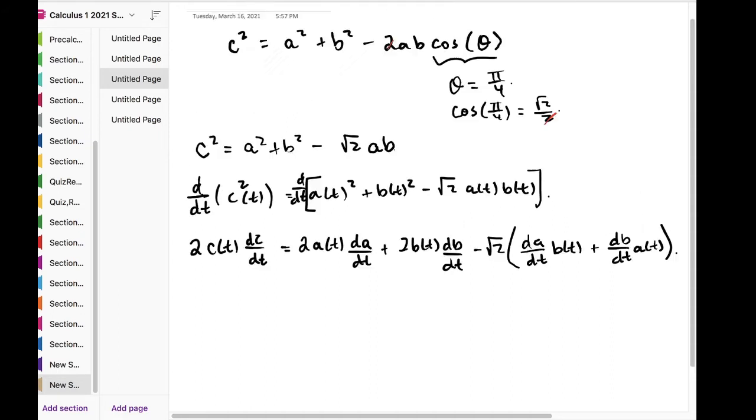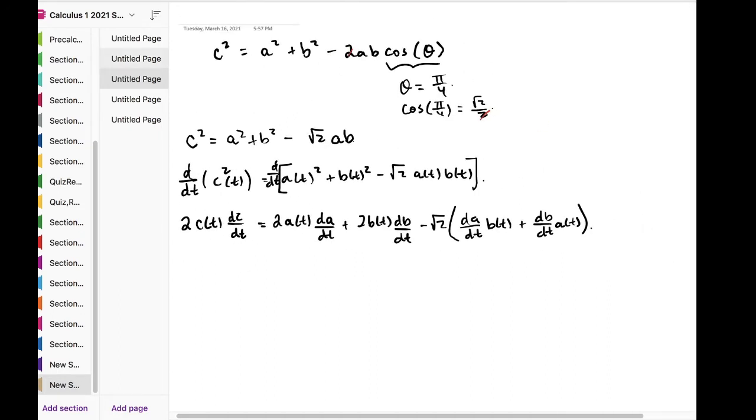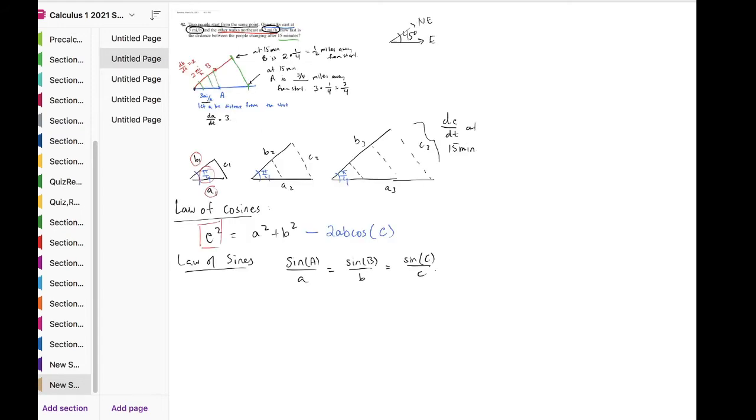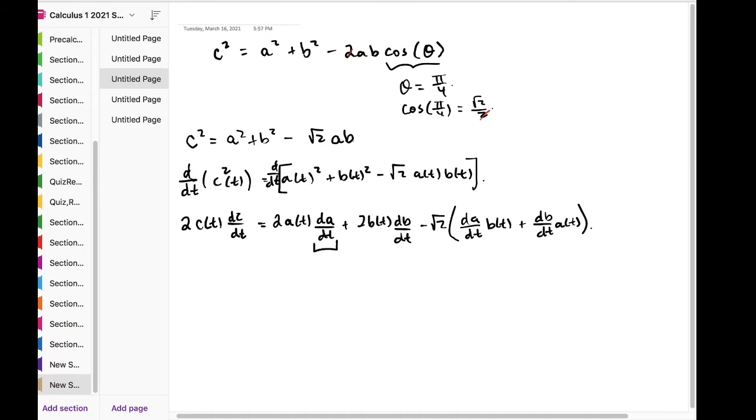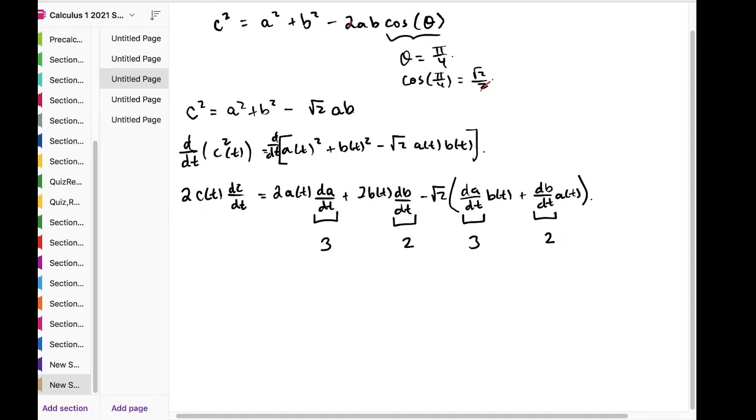But I think we know some of these things, right? Let's go back. What are some things that we know? Yes, we know dA dt, and we know dB dt. So why don't we plug those in? So a is 3 and b is 2. This is 3, 2. Okay, so how about at t naught?